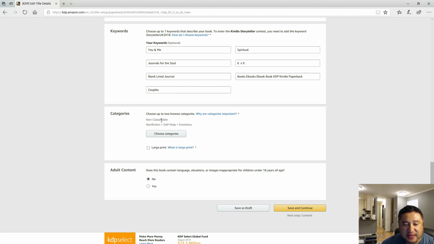So again, you want to be as specific as you can with the 2 categories you can choose under KDP Print, and make sure they are not general. You want to hone in on as specific a category as possible.